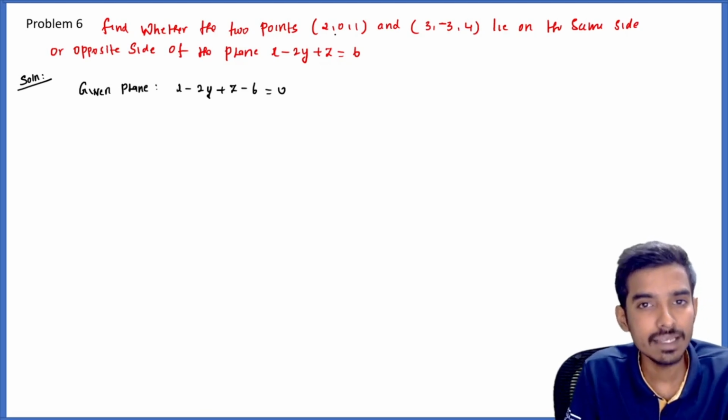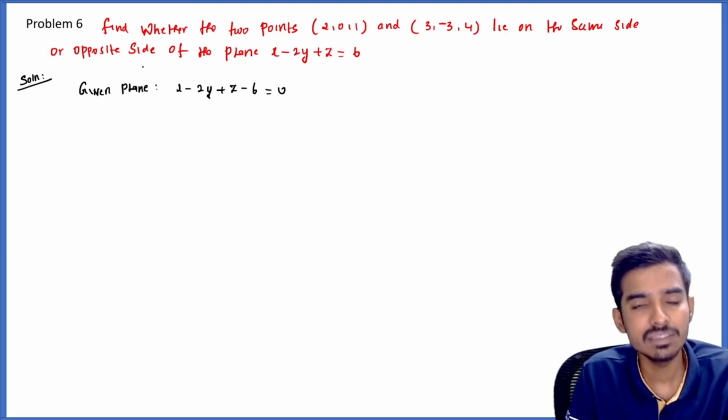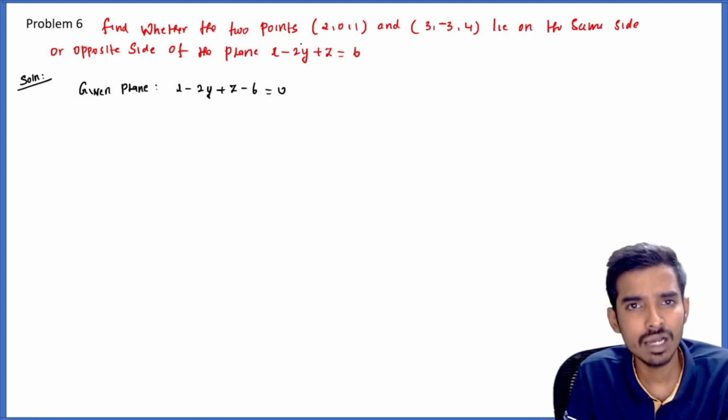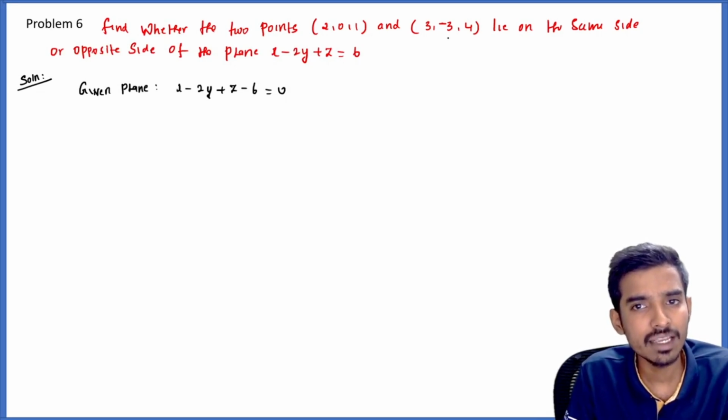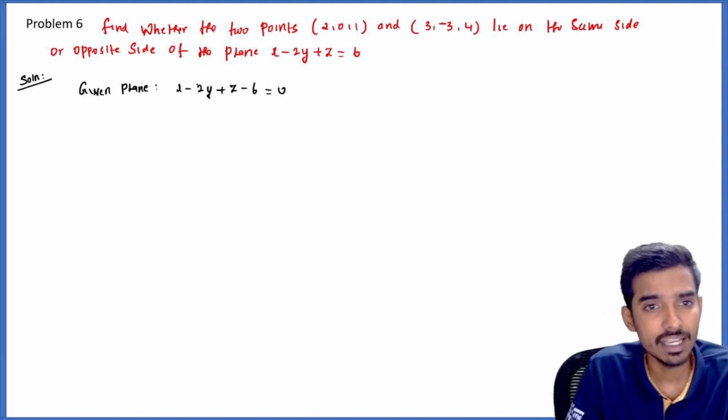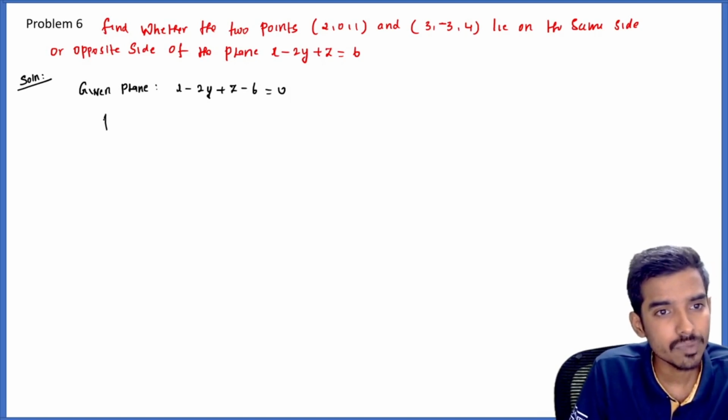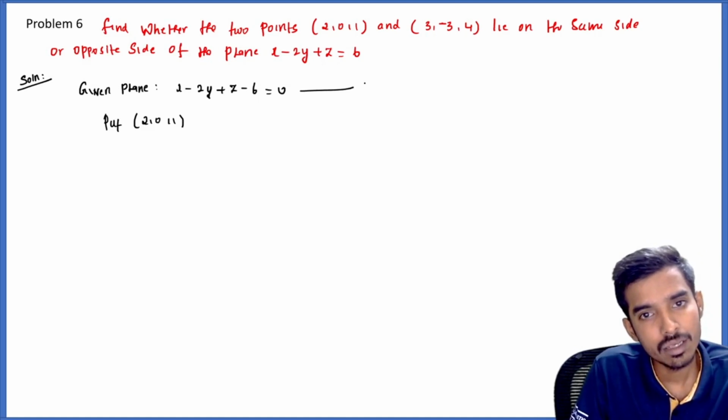We need to say whether these 2 points lie on the same side or opposite side. We already know, just substitute the point here. If both are of the same sign, it is on the same side. If the points are of opposite sign, it is on the opposite side. Now substitute the point 2 comma 0 comma 1 in this plane.